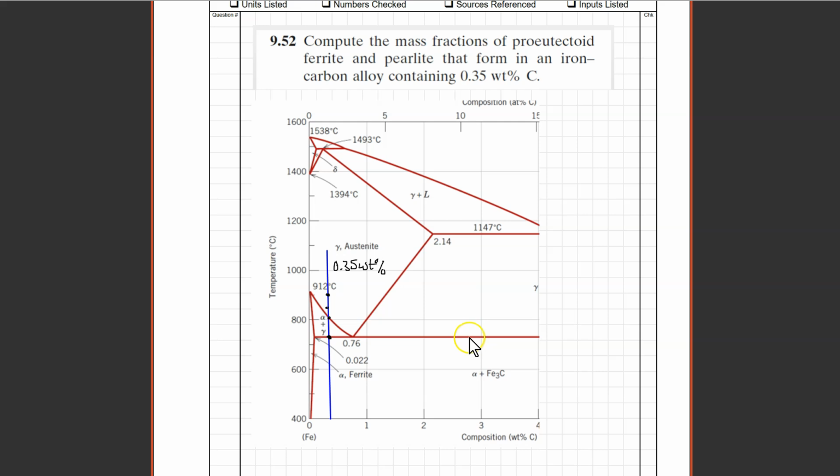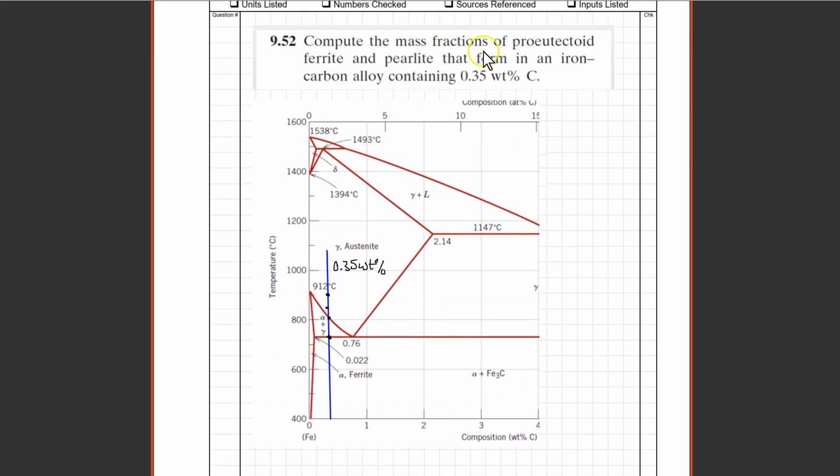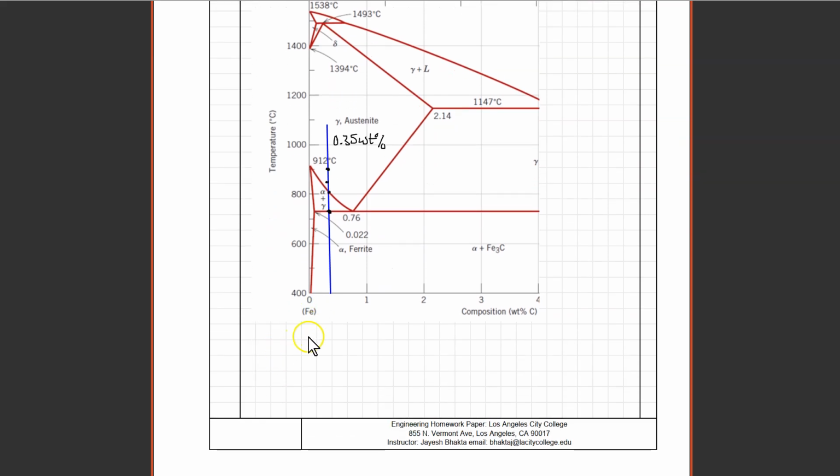So when we do that, if we want the mass fraction of pro-eutectoid ferrite, so mass fraction of the alpha phase, which is ferrite, we need the size of this lever here. We're interested in the mass fraction of two phases.